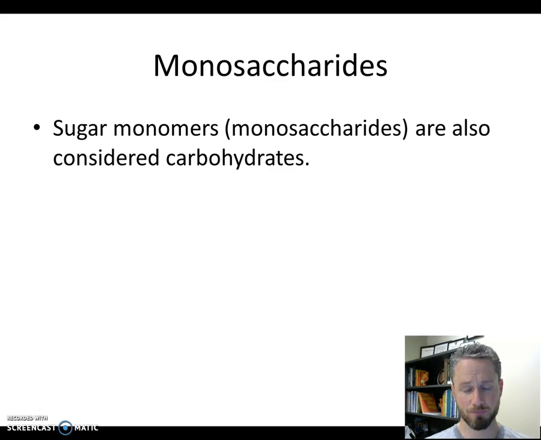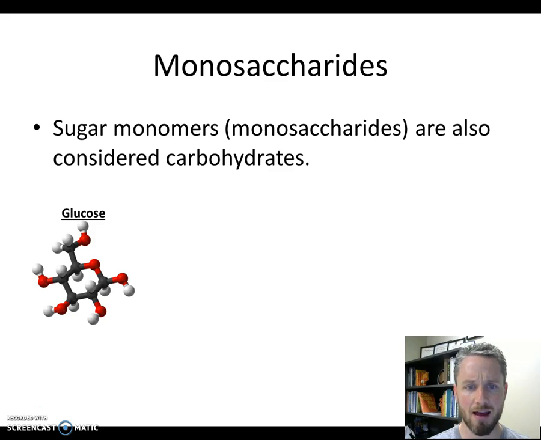But I want to point out two other ways we'll talk about carbohydrates. So from time to time, we'll refer to monosaccharides, simple sugars, one sugar, sugar monomers, we'll also consider them carbohydrates. Because we use those, they show up in our diet, and we'll use them in some laboratory experiments and things like that.